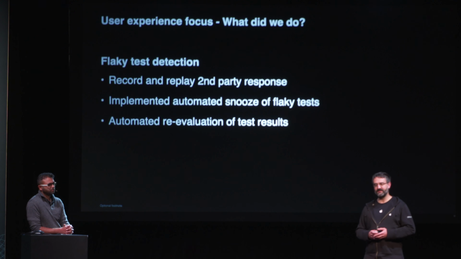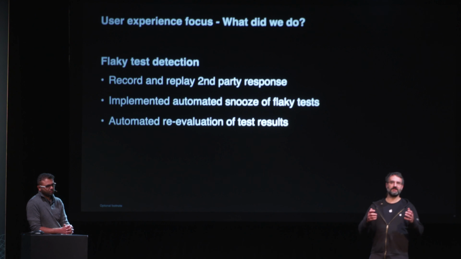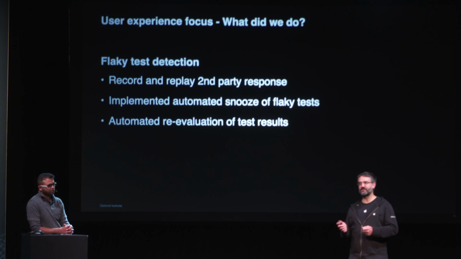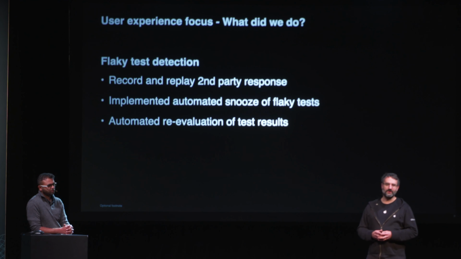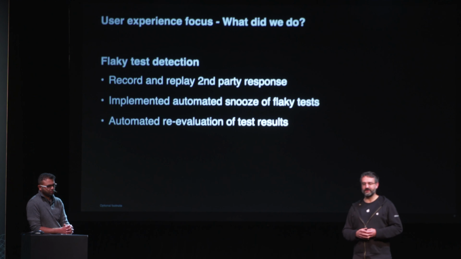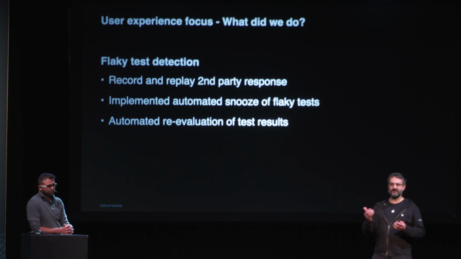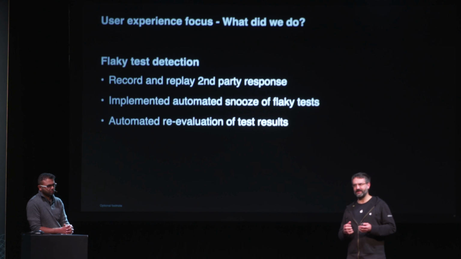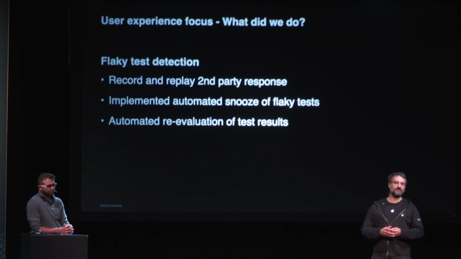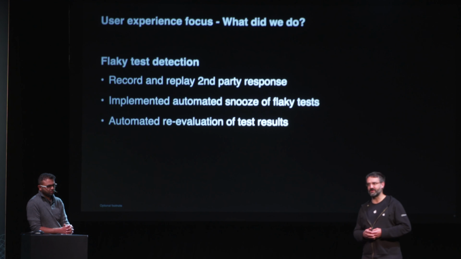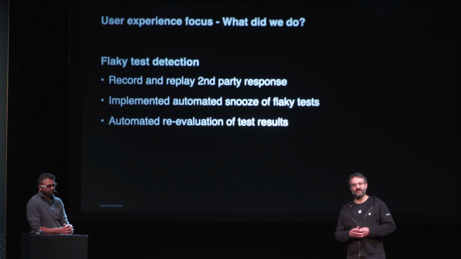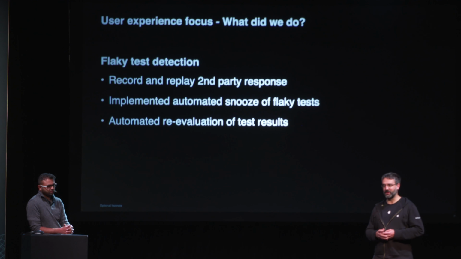We try to identify tests that were failing in many different PRs that looked completely unrelated. We defined unrelated as working on different parts of the code from different authors. And if we could identify some end-to-end tests failing on two PRs that really shouldn't share anything, then we would just mark this test as snoozed in our central system so that neither of those PRs or any other PR would be blocked by this test.